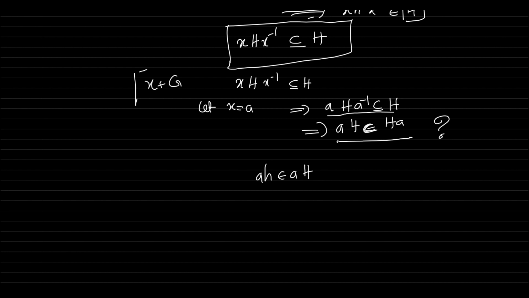Then for this ah, consider aha inverse, which is an element in aHa inverse, right? This is an element in aHa inverse because all elements in aHa inverse are in this form for some h in H, and we have aHa inverse is contained in H by our assumption.